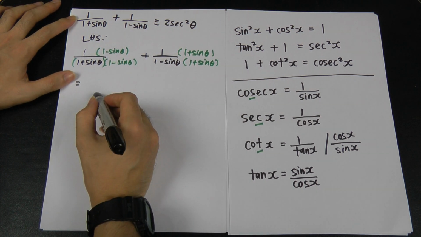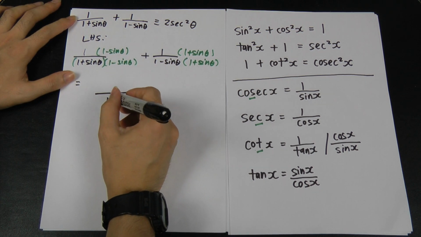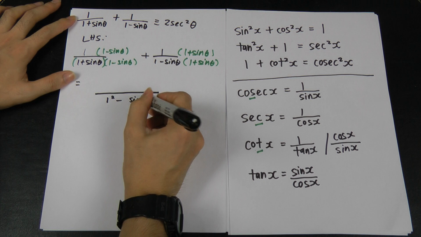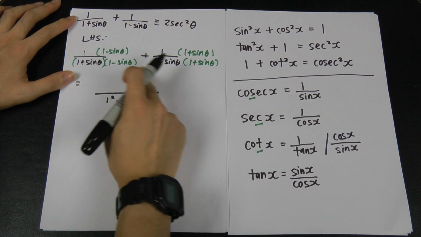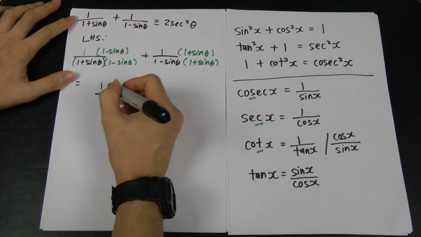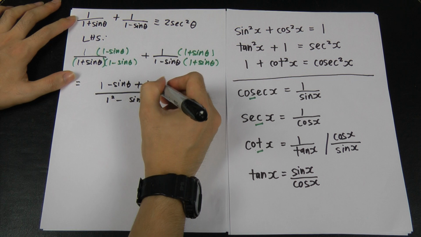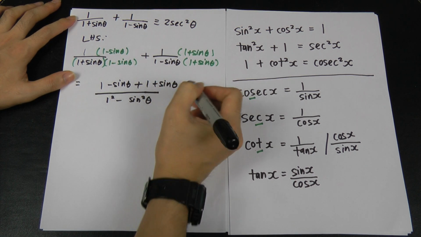So after you multiply, for the denominator you'll get 1 square minus sine square theta. This is the denominator after you solve it. And the top is just 1 multiplied by the terms, so it's 1 minus sine theta plus 1 plus sine theta.